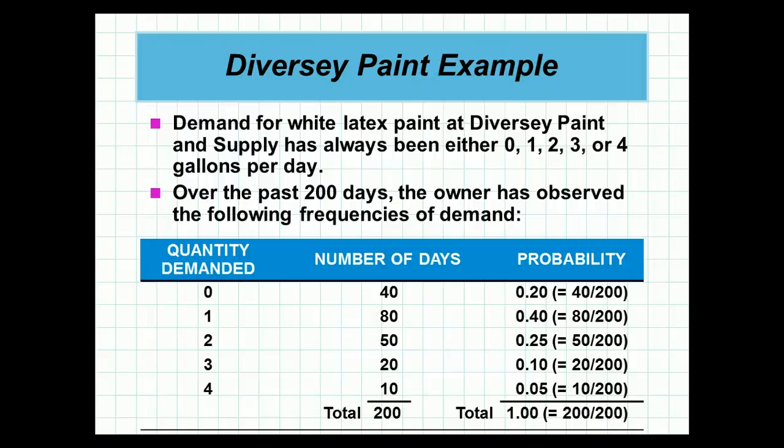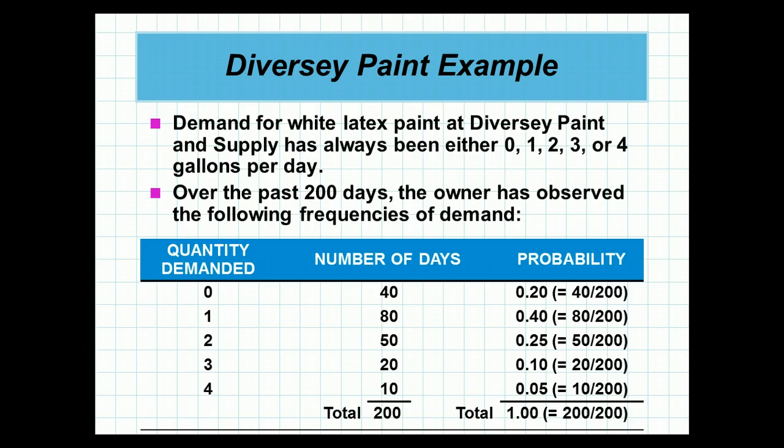So what we've done is we've looked at 200 different days, and we see that on 40 of those days there was no gallons of paint demanded. On 80 of those days there was only 1 gallon requested, and on 50 days there were 2, and 20 days there were 3, 10 days there were 4 gallons of paint demanded.